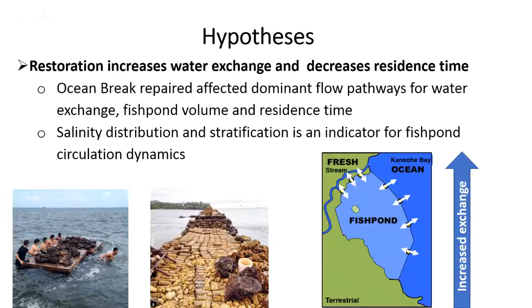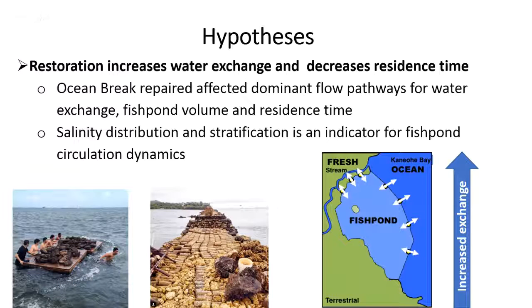We hypothesized that Ocean Break repair affected the dominant flow pathways for water exchange. It also likely affected fish pond volume and residence time. And we also think that the salinity distribution, because these two water masses that influence the geochemistry at Hia Fish Pond, the fresh water from Hia Stream and the salt water from Kaneohe Bay, can be used as an indicator for fish pond circulation dynamics in the interior.